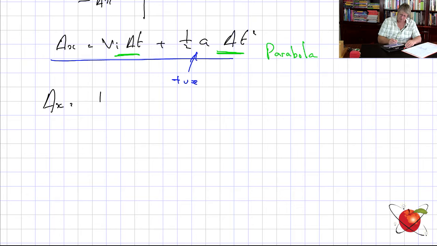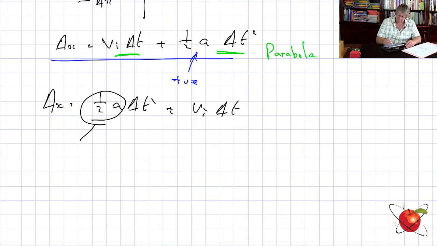Delta x is equal to a half a delta t squared plus vi delta t, all right? The coefficient of the t squared, right, is a half a. So if the coefficient here is positive, it's a up, right, correctly up one, a smiley face, isn't it?